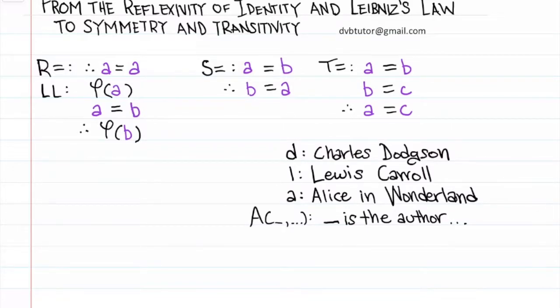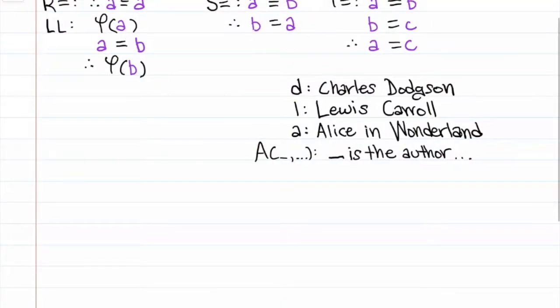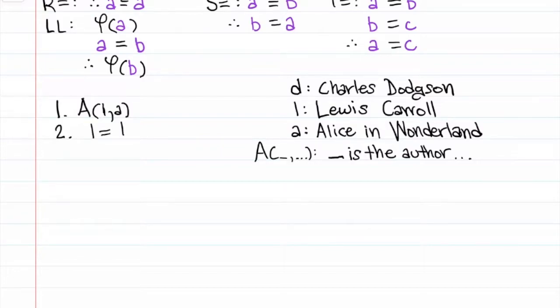Now let's consider an example of how Leibniz's law can be employed. Let's say that Lewis Carroll is the author of Alice in Wonderland. And suppose it's true, because it is, that Lewis Carroll is Charles Dodgson.